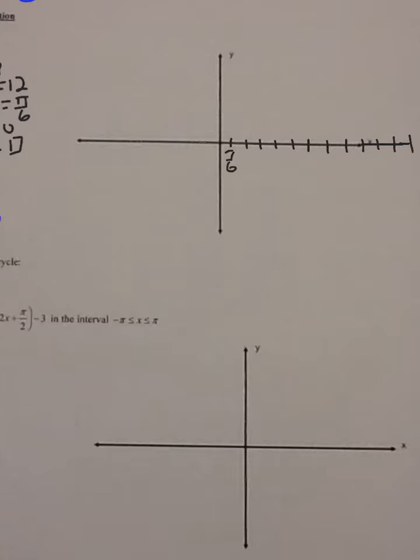Pi over 6, 2 pi over 6, 3 pi over 6, 4 pi over 6, so you can reduce them if you want, 5 pi over 6, 6 pi over 6 is pi, 7 pi over 6, 8 pi over 6, 9 pi over 6, 10 pi over 6, 11 pi over 6, and 2 pi at the end.